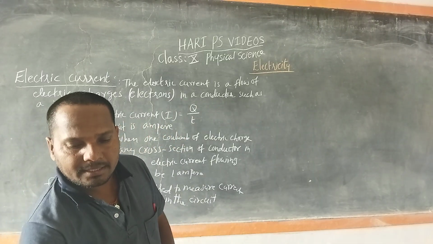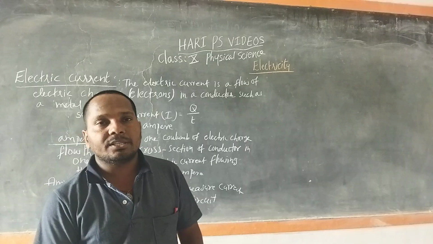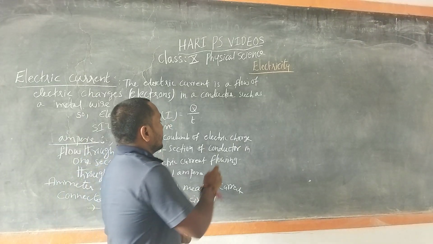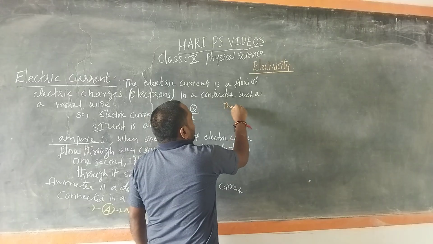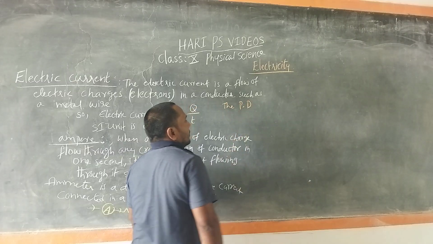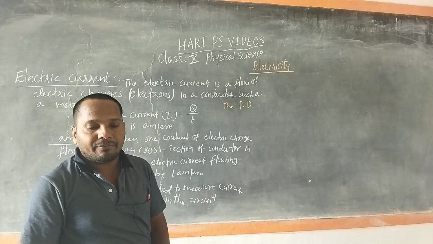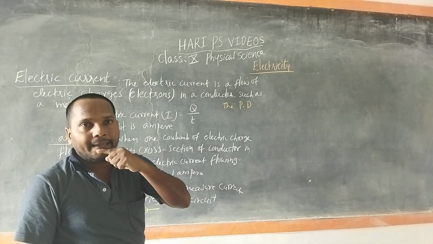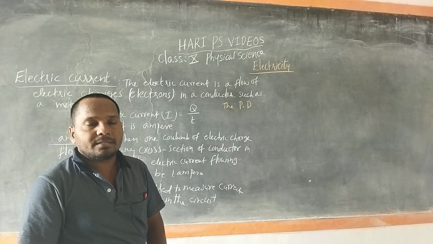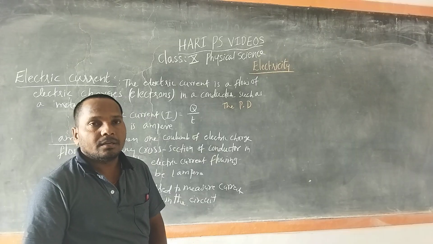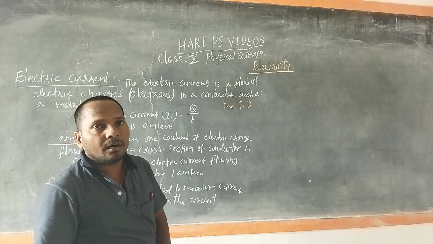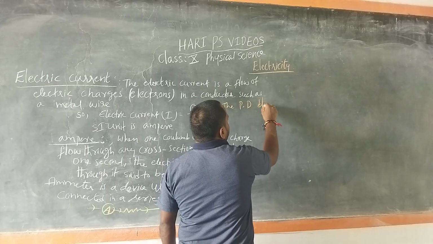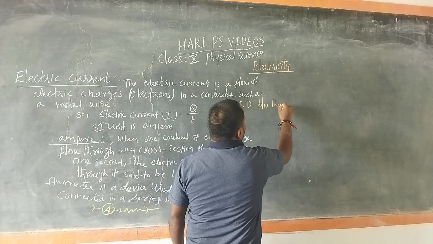So it is the potential difference between the ends of the wire which makes the electric charges flow in the wire.